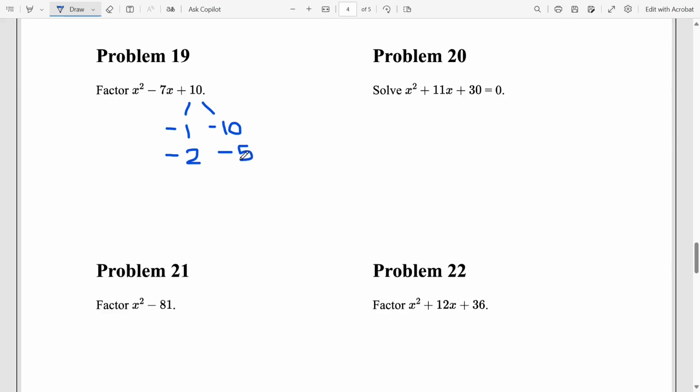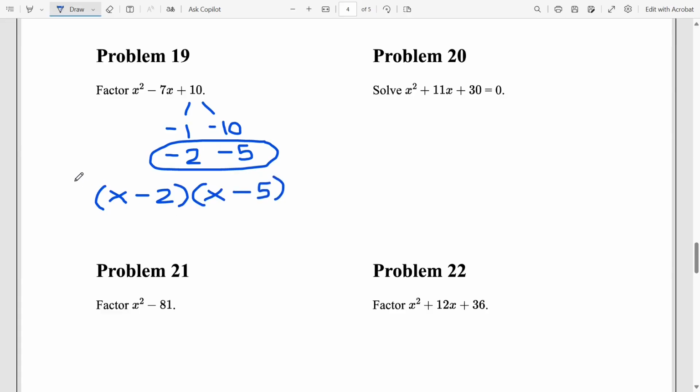Now, negative 2 plus negative 5, that adds to negative 7. So that's the pair I want to pick. And to write this in factored form, I would write this as x minus 2 times x minus 5. And that's my factored form for this one.